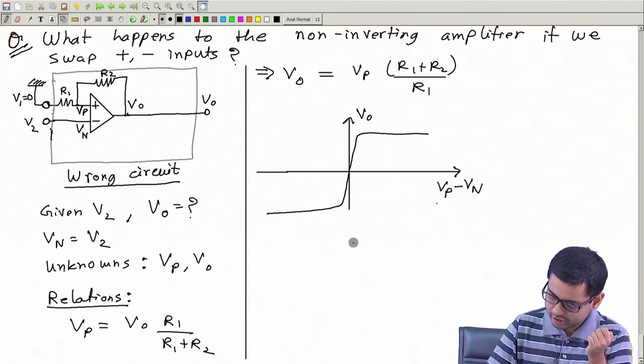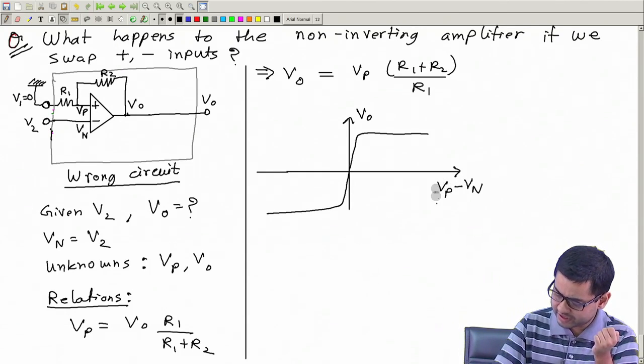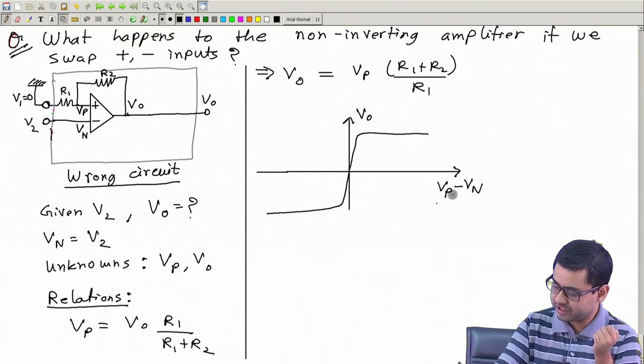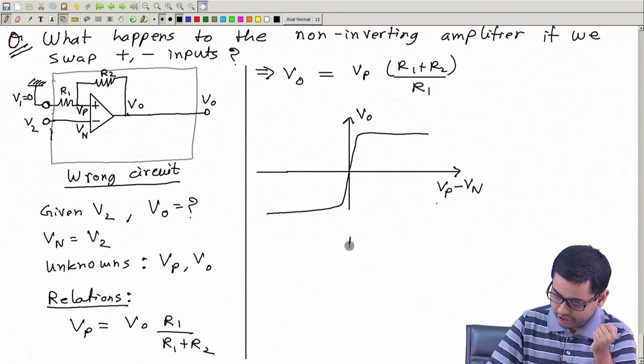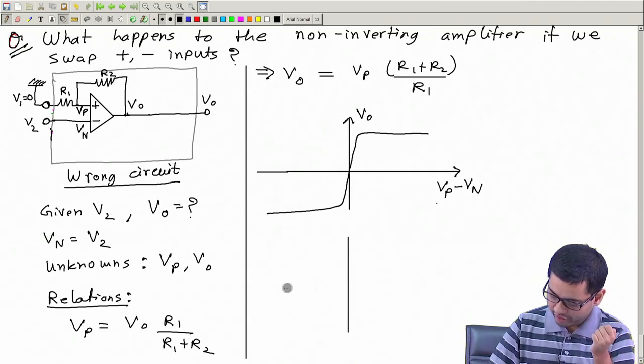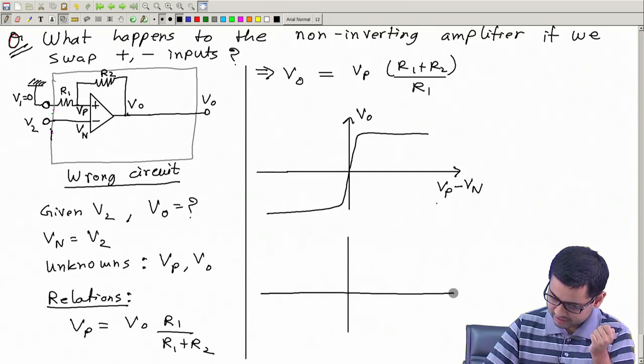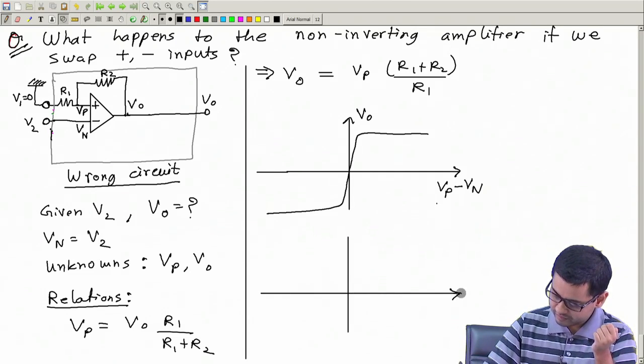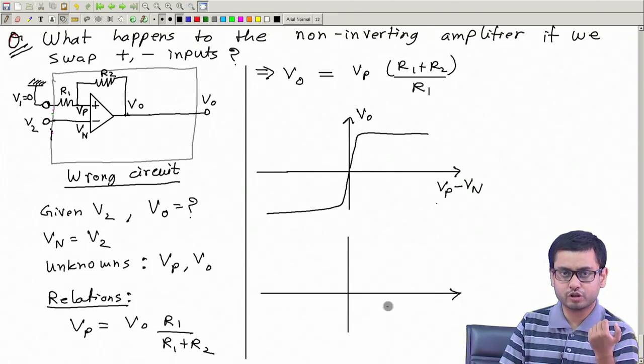Now if I want to draw this only in terms of Vp, without having Vn, then this curve will shift the origin. Which way will it shift, towards the left or towards the right?